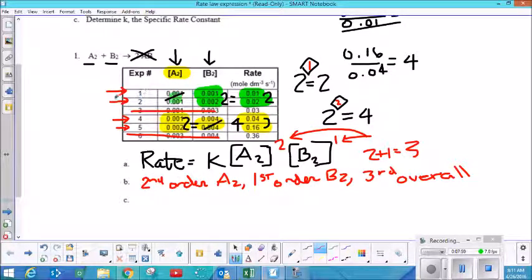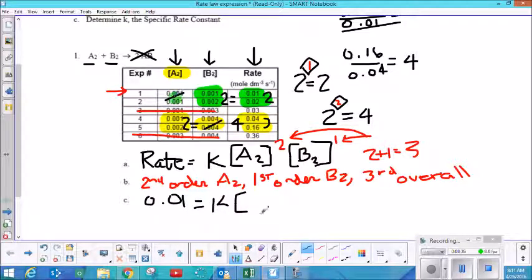So you plug and chug. We're going to go ahead and just use number 1. You can pick by looking at them. Sometimes the math is a little easier to do, picking one reaction over another. But in this problem, they look pretty well equal. So I go find the rate, and I plug it in. So 0.01, that's my rate, equals K, which is what I'm solving for, the specific rate constant, times the concentration of A2.